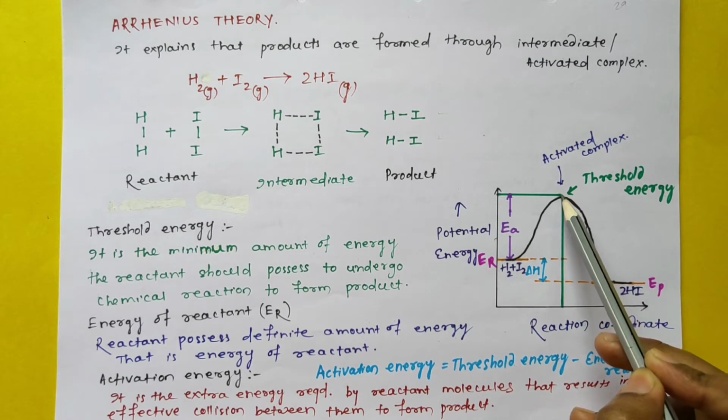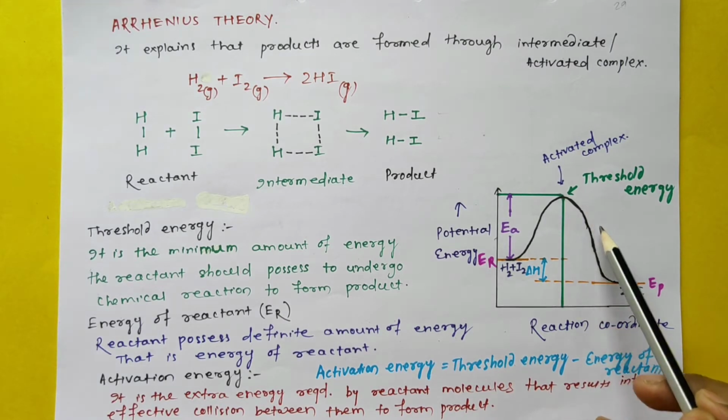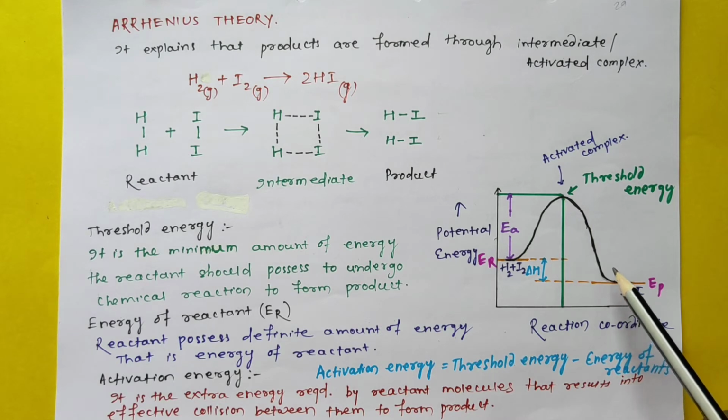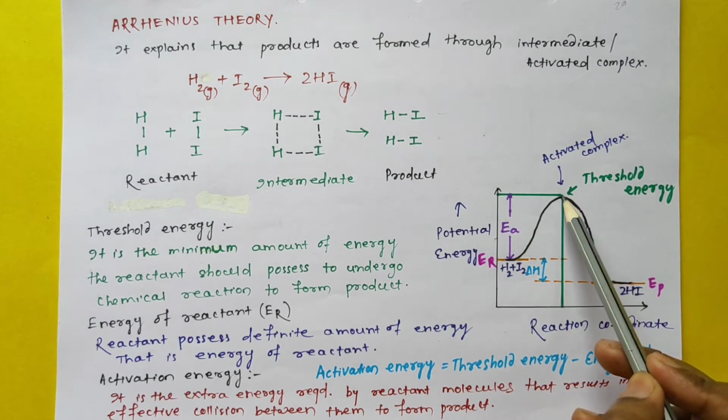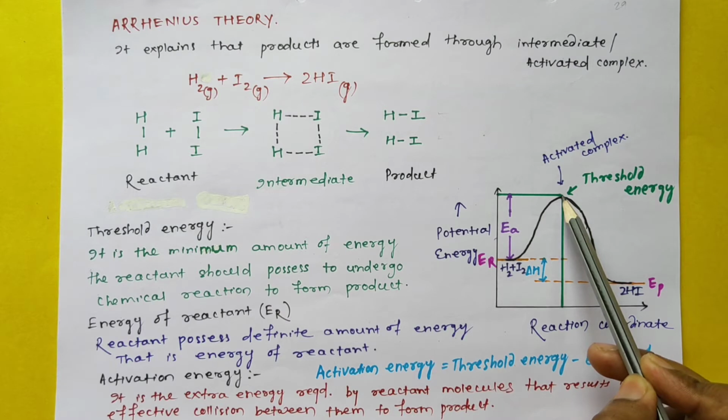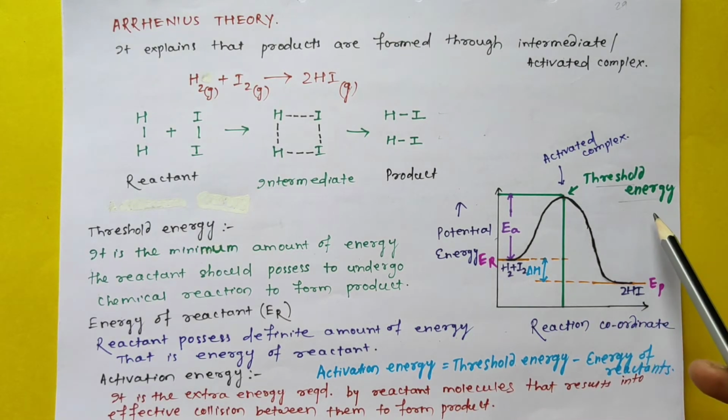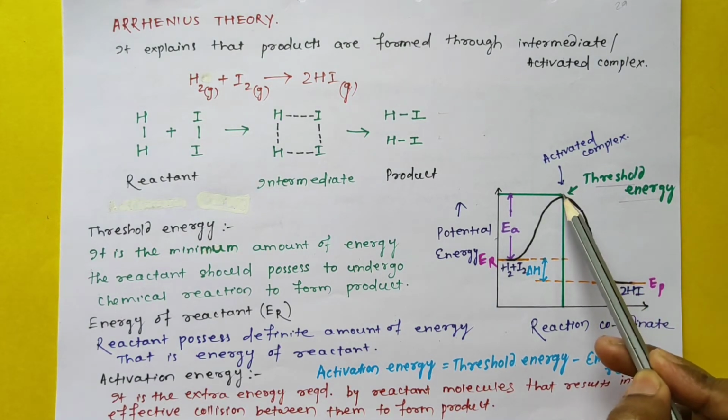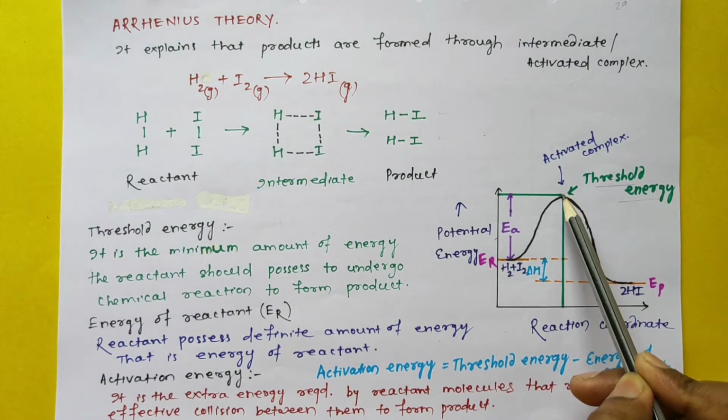If it gains this much amount of energy, then only it can form the product. Otherwise the product will not be formed. So the minimum amount of energy required for the reactant to form products is known as threshold energy. Okay, and here the activated complex or the intermediate lies.